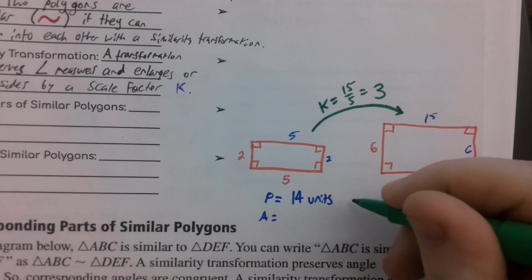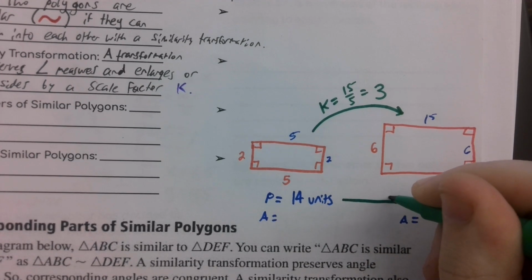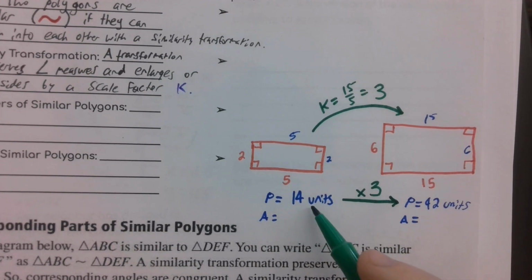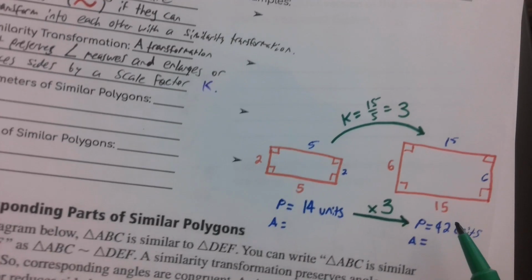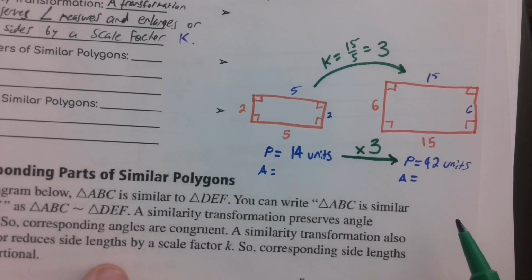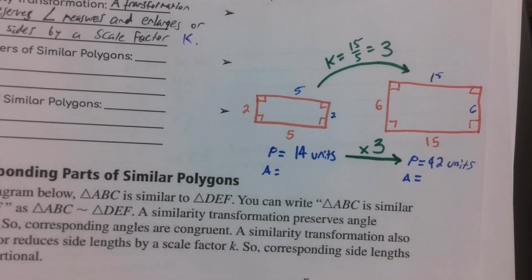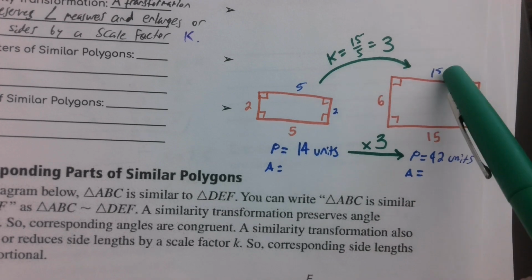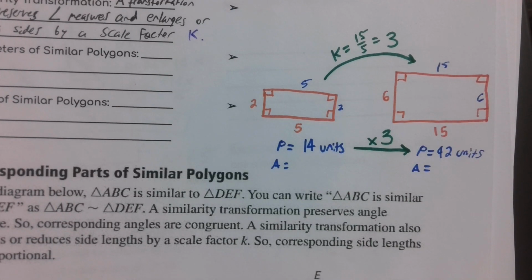That means, just below, if I know the perimeter of the small rectangle, and I multiply it by 3, wouldn't I also get the perimeter of the large rectangle? It turns out that the perimeters of similar polygons are also scaled by the same scale factor that their sides are. If the sides can be multiplied by 3, the perimeters can be multiplied by 3.